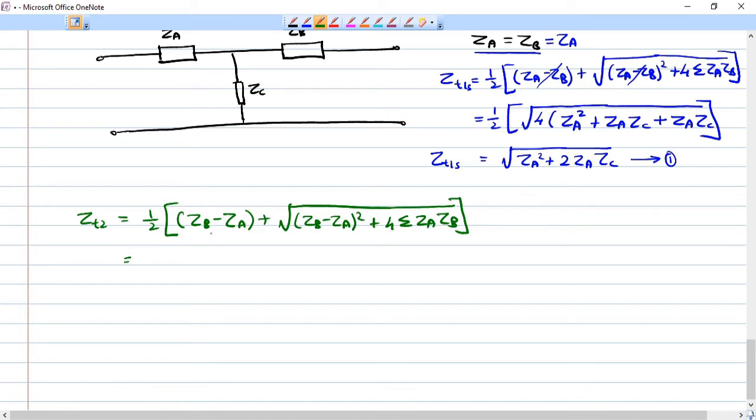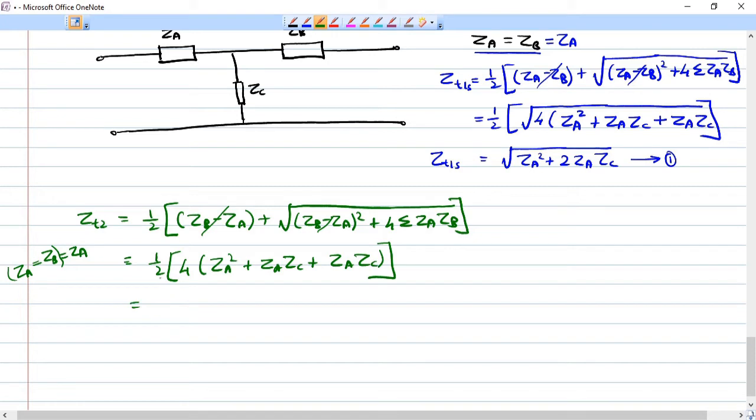So again, when ZB is equal to ZA, okay, when this ZA is equal to ZB, so we can write this as half of, this term will vanish, this term will also vanish. Again we have half of 4 into ZA square plus, that is ZA into ZB, plus ZB ZC, we can write ZA ZC plus ZC ZA again.